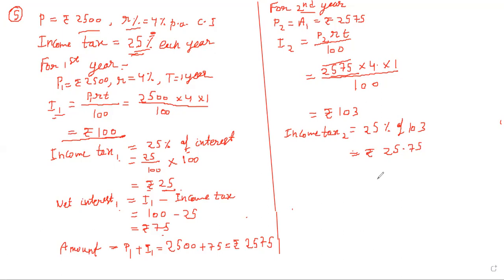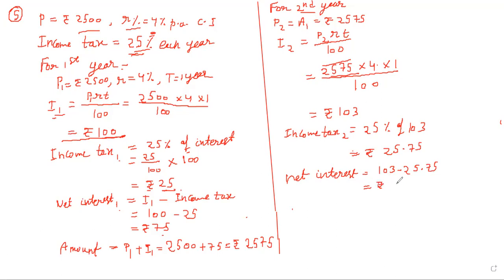So in the second year, rupees 25.75 will be deducted from our income. The net interest is interest 103 minus income tax. Write the formula also while you solve.